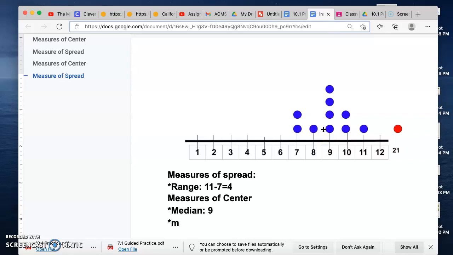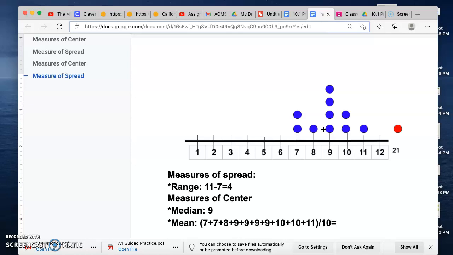My mean, I calculate by saying, alright, I've got a 7 plus another 7 plus an 8 plus 4 9s plus 2 10s plus an 11, all divided by 10 values.